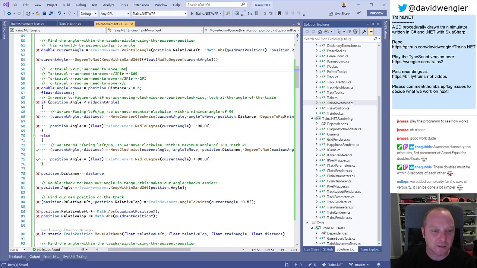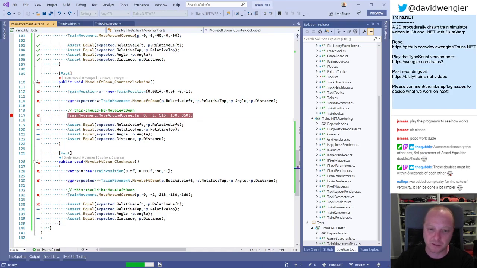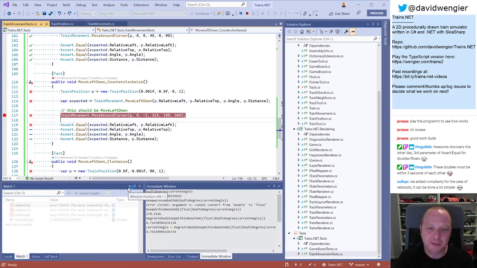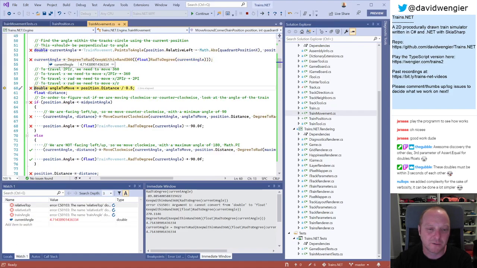Alright, well, let's go back to debugging then. See what next is wrong. 315, 180, and 360. That sounds right. So 4.47. So just to add to degree, angle, just to make it a bit nice. So 270. That's cool. Oh, wait.